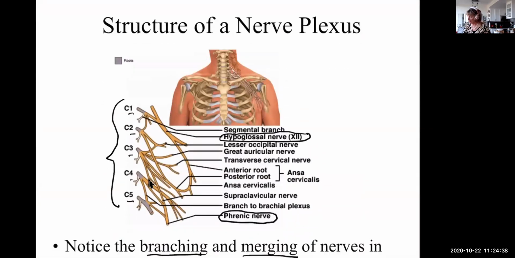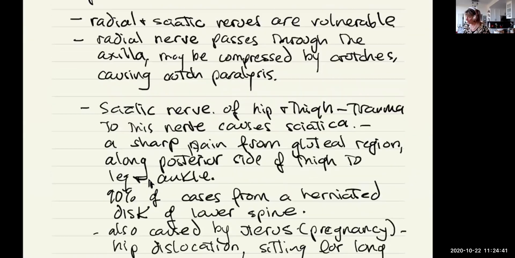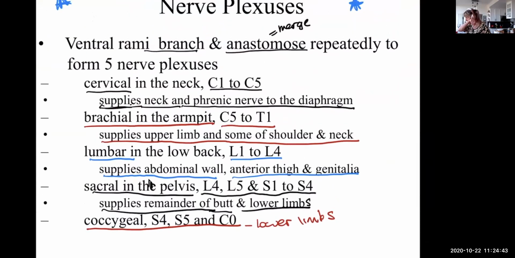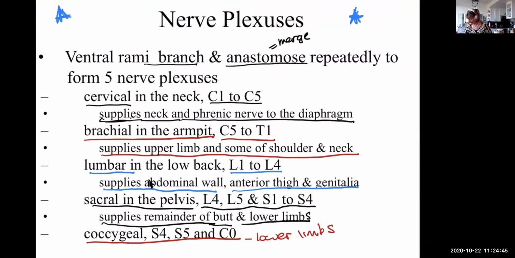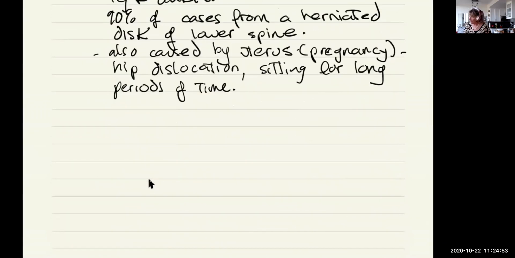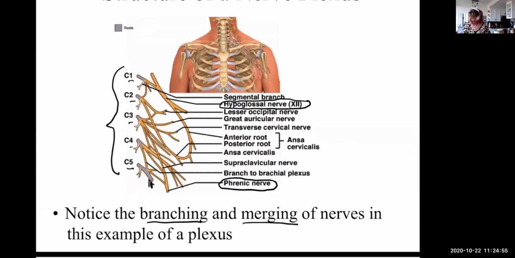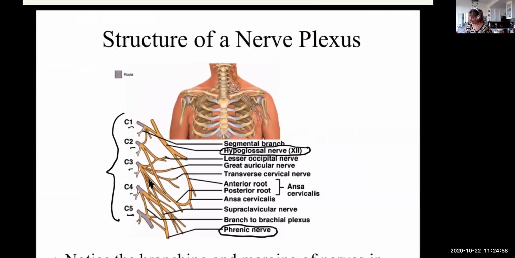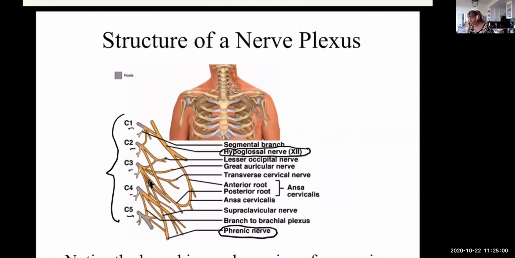So in particular, you should know the origins and the areas of innervation. You don't need to memorize every nerve in every plexus.